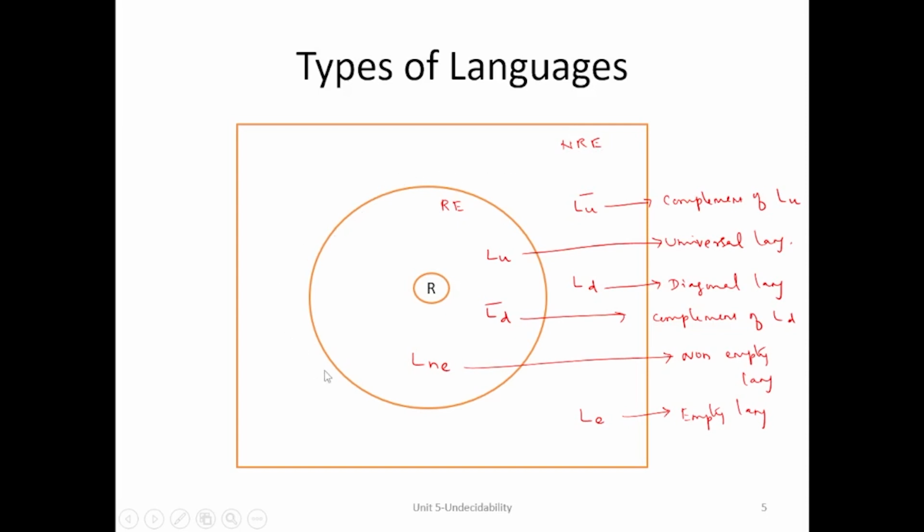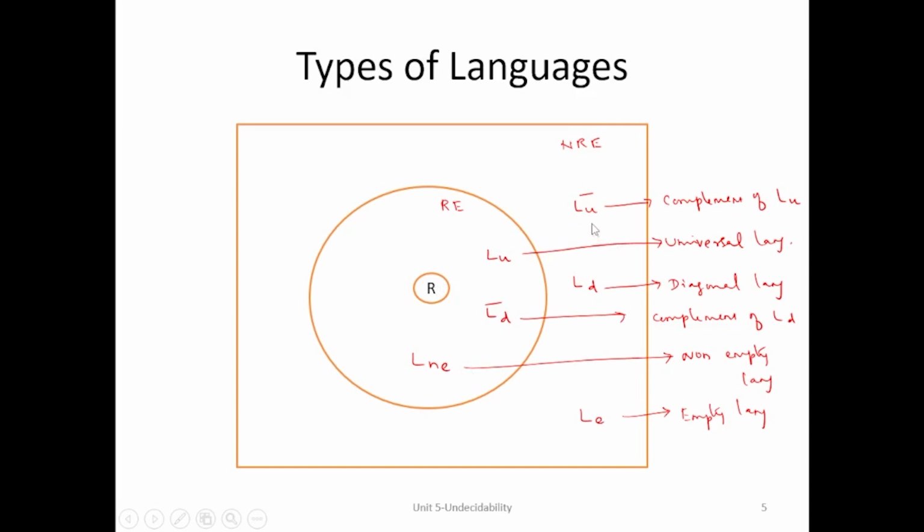Then if we find a solution with a certain condition, that problem is called a recursively enumerable problem. Then if we find a solution for all situations, that is called a solvable problem, and the language is called a recursive language, denoted as LR. So these are the different types of languages.